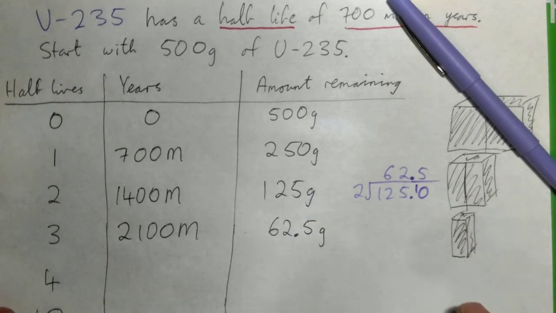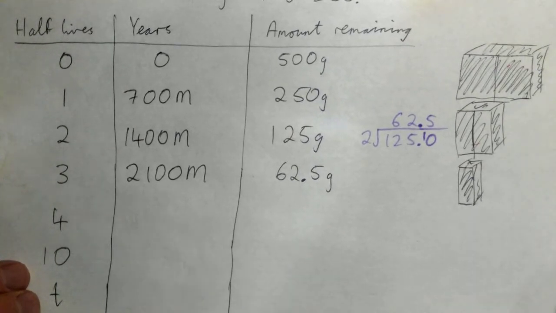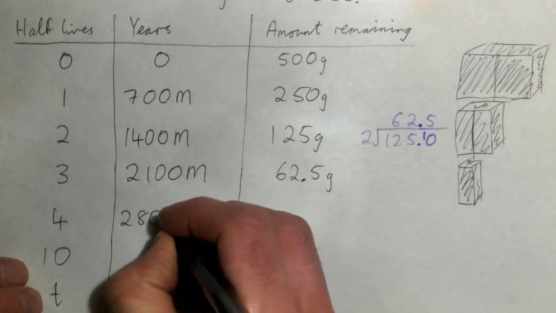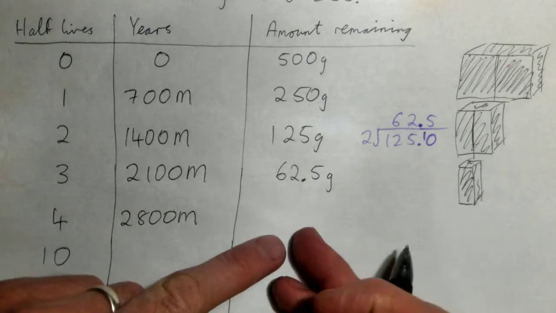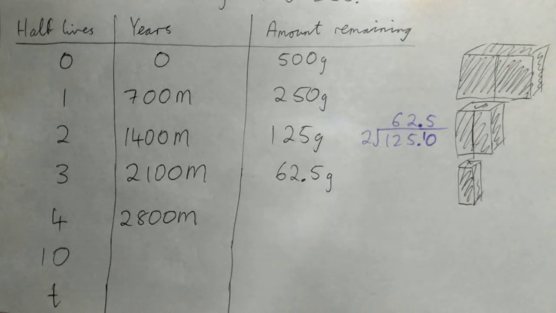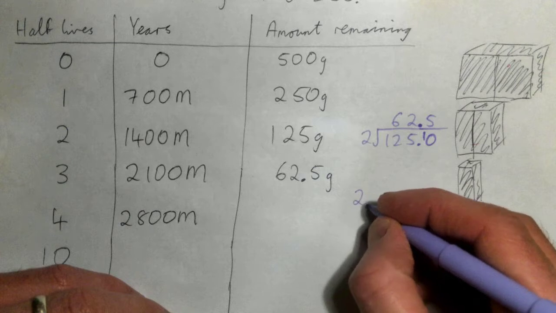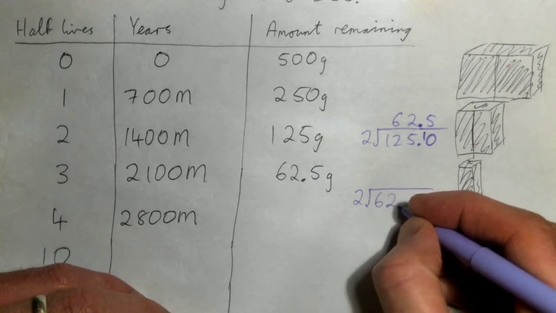Okay, the next line. After 4 half-lives, what do we have left? Yes. 2,800 million years further into the future, and we have half again of what was left last time, right? No. Close.